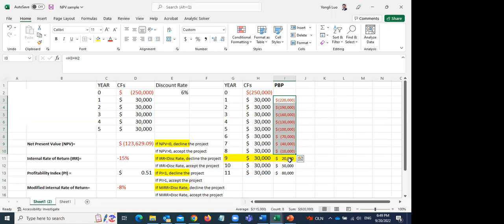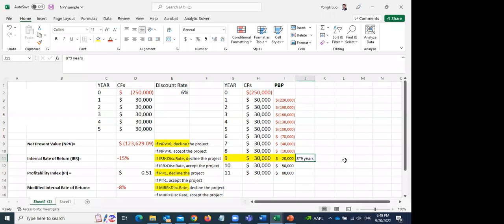That means your payback period is somewhere between year 8 and 9. So your payback period is about 8 to 9 years.